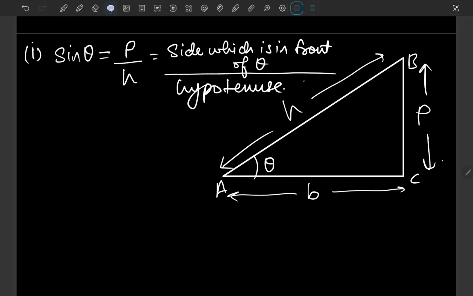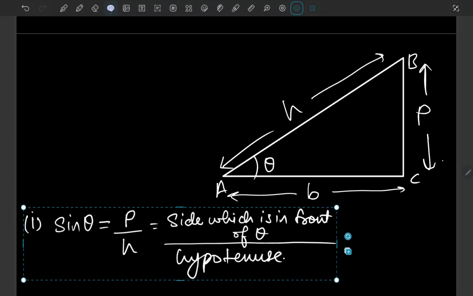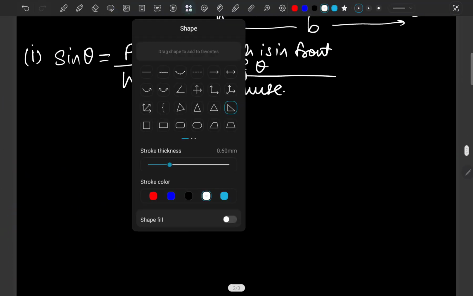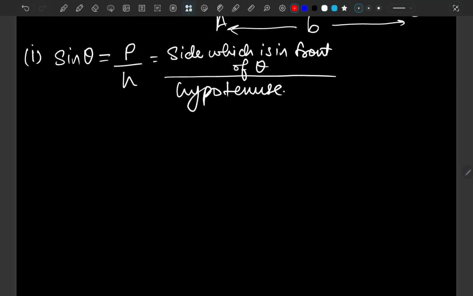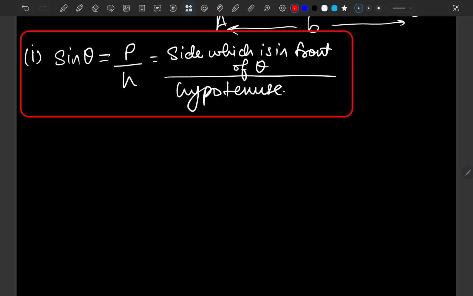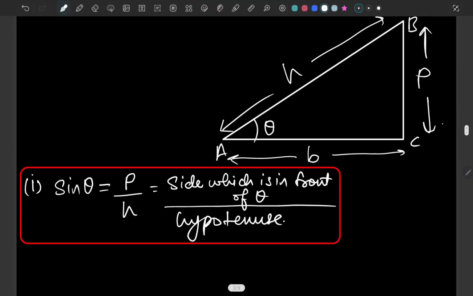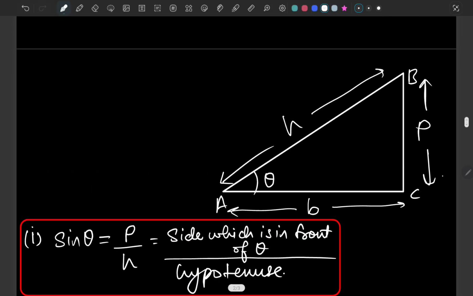So this was your first one. I should write this down here, and I'll cover it in a bracket because it's extremely important. This is your most basic thing, and I'm talking about this triangle, so you have to be careful about that.